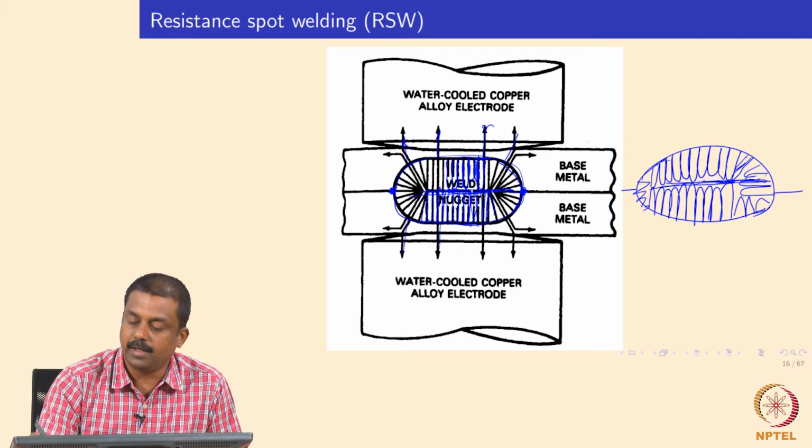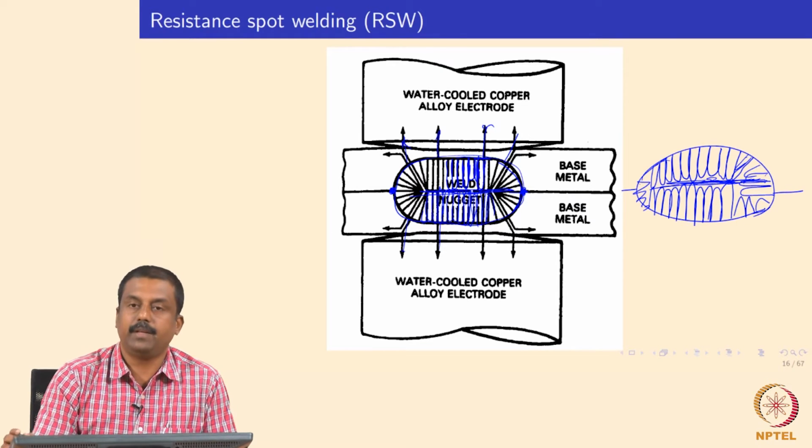So, these are typical solidification microstructures of the resistance spot welds.